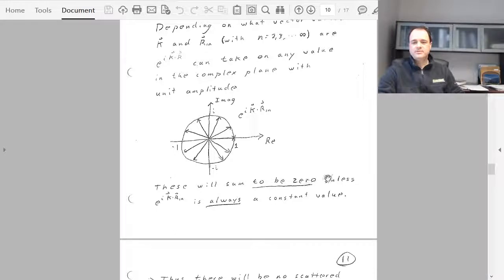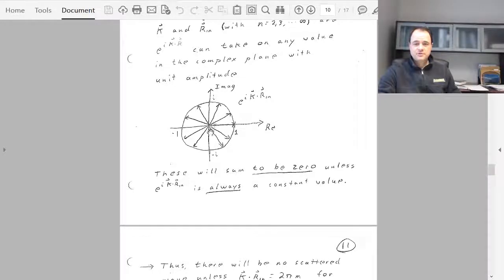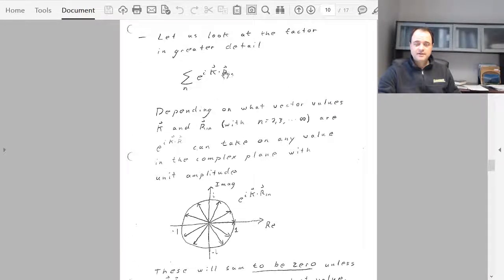This will sum to be 0 unless e to the i k dot r is always a constant value. All right? Say, for example, when we go from r12, the very first term, e to the i k dot r12 plus e to the i k dot r13, 14, 15.